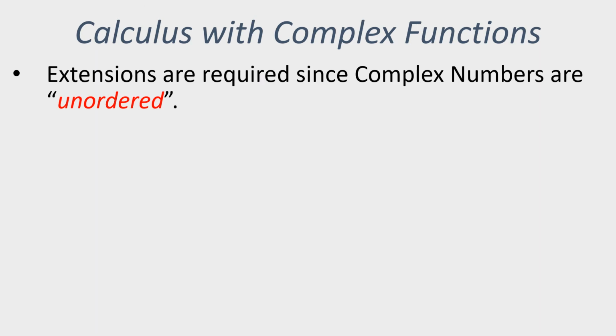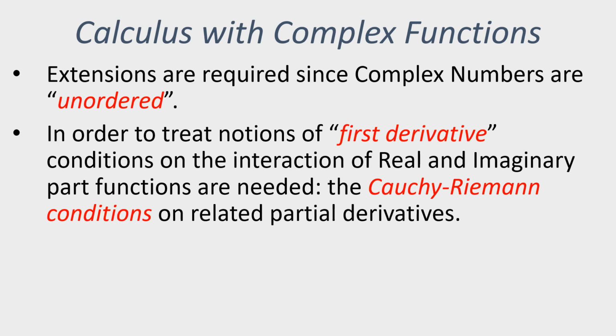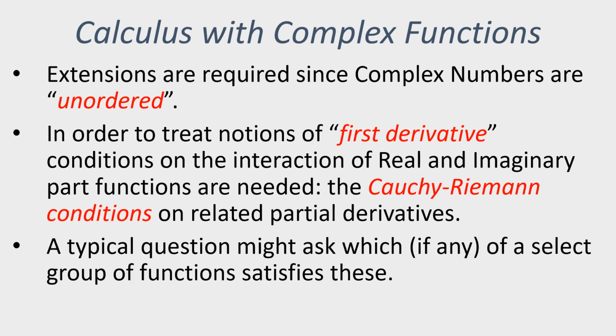The extensions we need arise because the complex numbers are unordered. We looked at what has to happen with differential calculus, and the important point here is that the functions we are looking at need to satisfy what were called the Cauchy-Riemann conditions on the related partial derivatives.